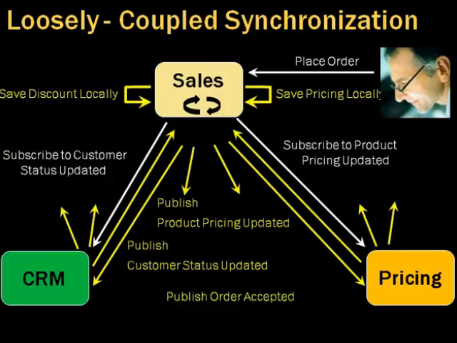But logically, we're talking about the fact that CRM lets the world know about business events that are of interest. And other parties can express their interest in those business events and take what information they need from those events and store it locally. So the guys from sales say, oh, okay, you need to have become a platinum customer? Well, okay, let's write that in our database because we might need it later.